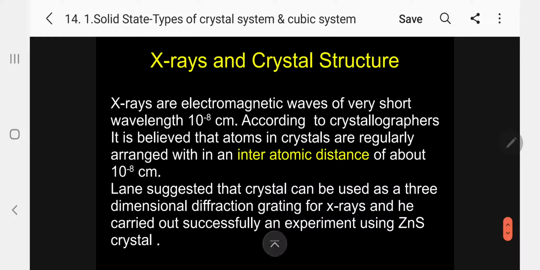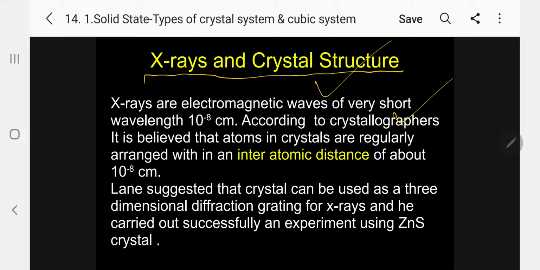So next, let me go to X-rays and crystal structure. The interplanar distance, or distance between two atoms, we have to measure by passing X-rays, and Bragg has studied this. X-rays are electromagnetic waves of very short wavelength, 10 to the power of minus 8 centimeter.